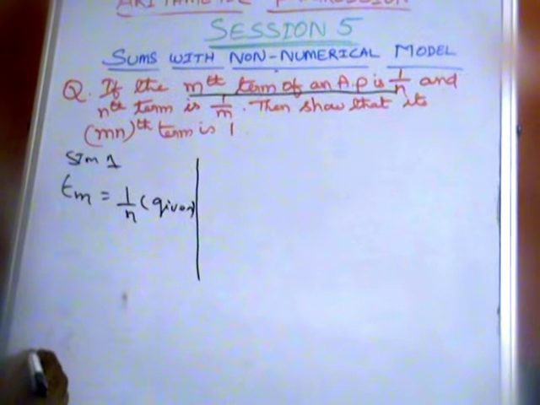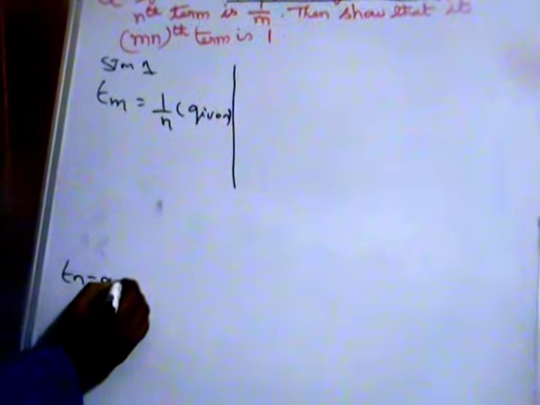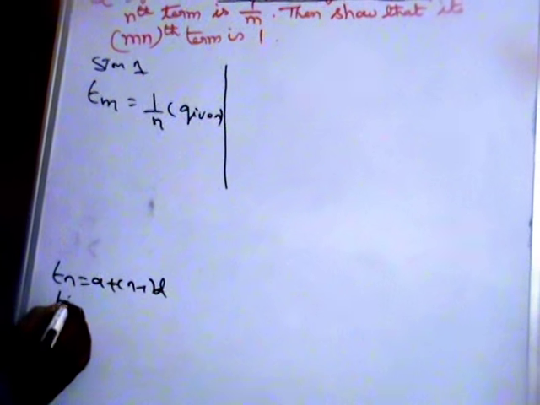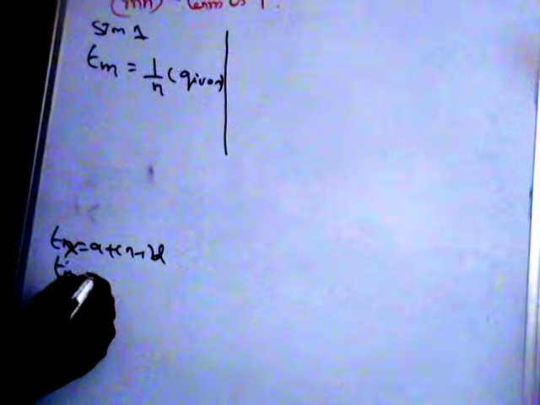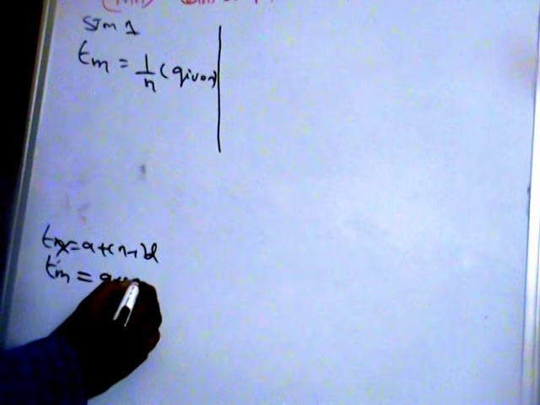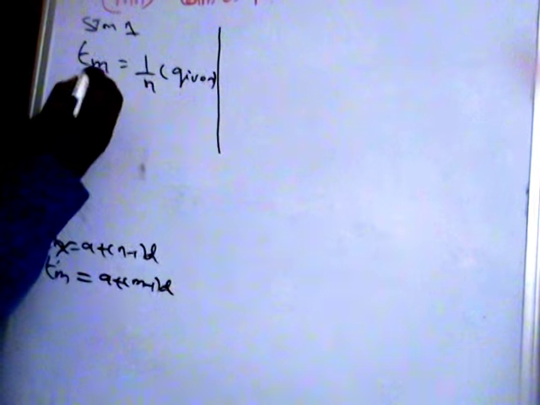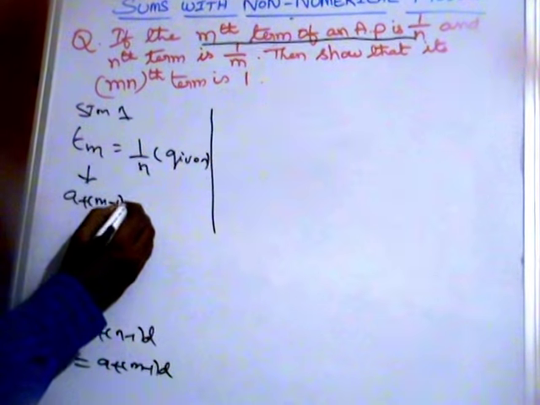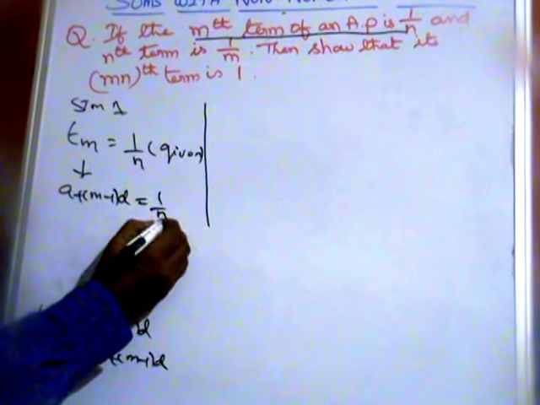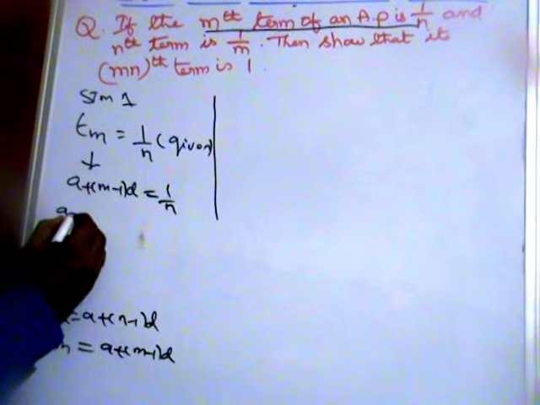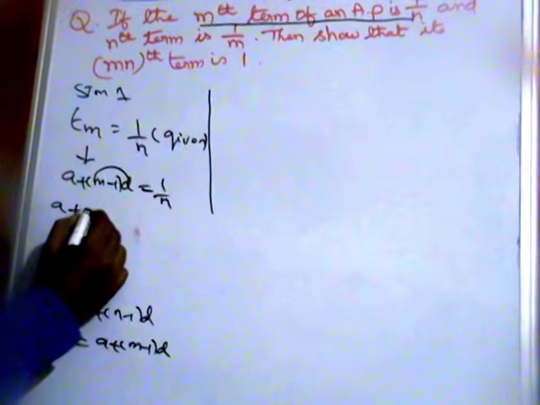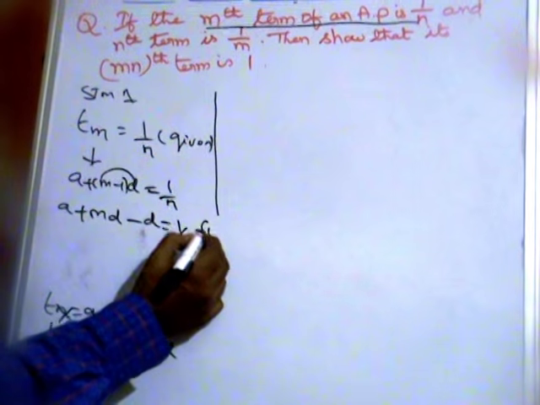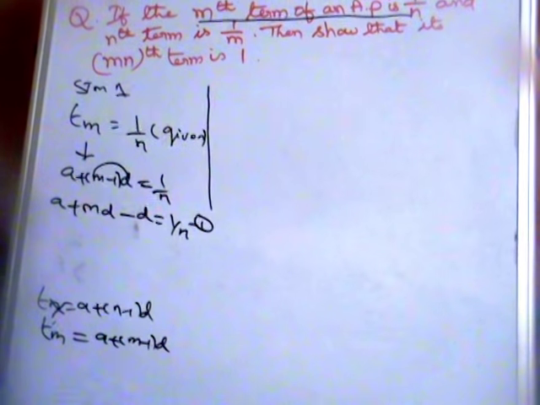We know, I told you already, Tn equal to A plus n minus 1 into D. Tm means remove this n and put m both sides. A plus m minus 1 into D. So Tm is nothing but A plus m minus 1 into D is equal to 1 by n. A plus, when you expand you get md minus D is equal to 1 by n. Call it equation number 1.